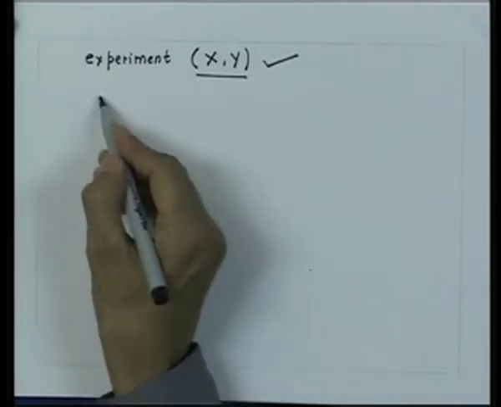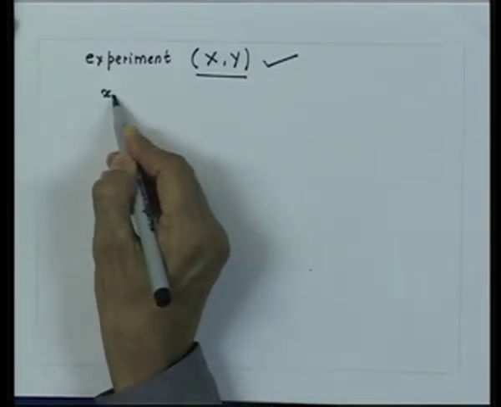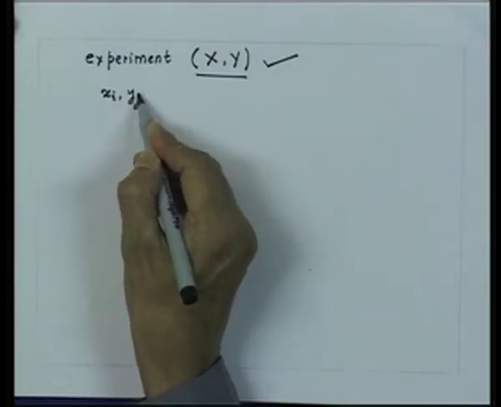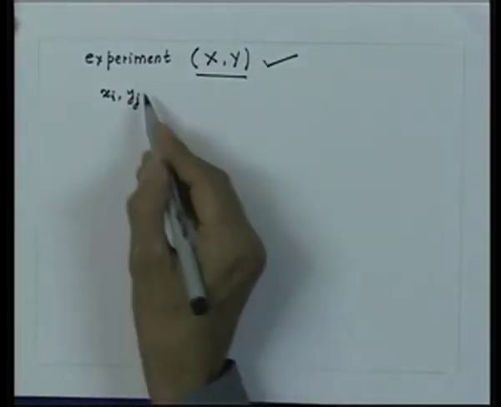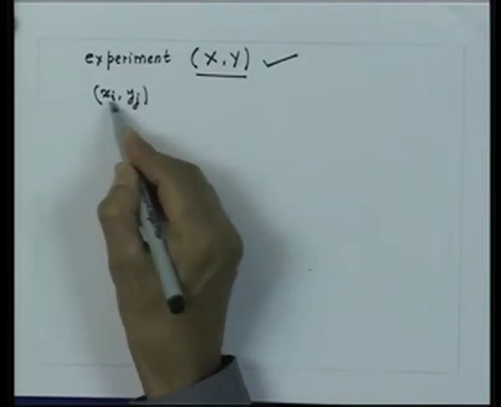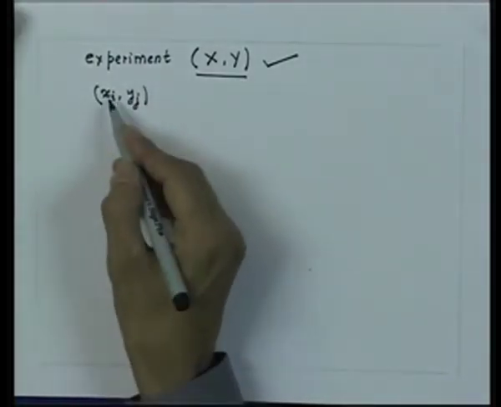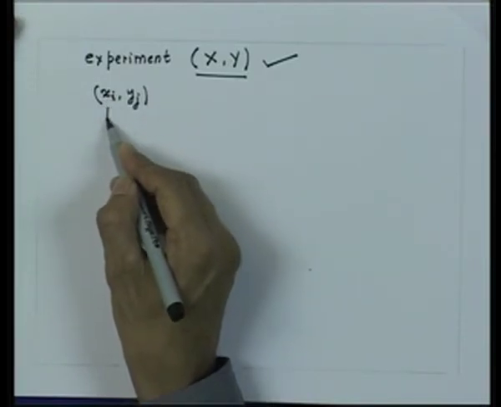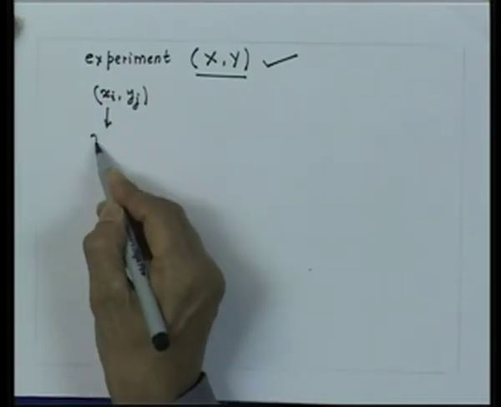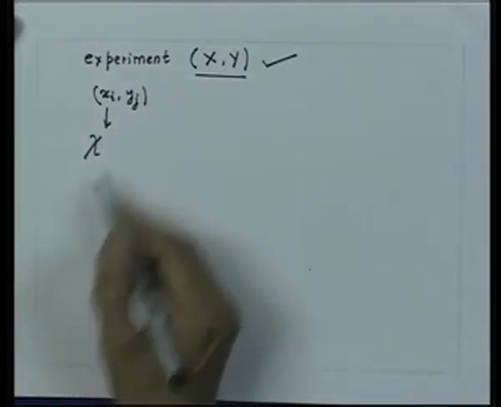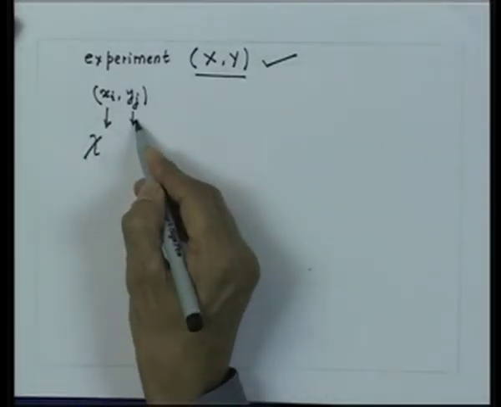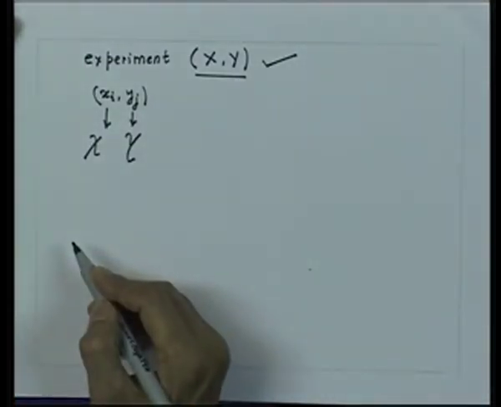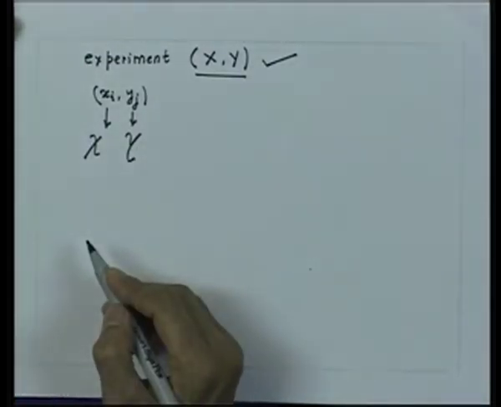Now, the outcomes of this experiment are the values xi and yj. They will be occurring jointly. Xi comes from a sample space, let us denote it this way, and yj comes from a sample space, y, like this.